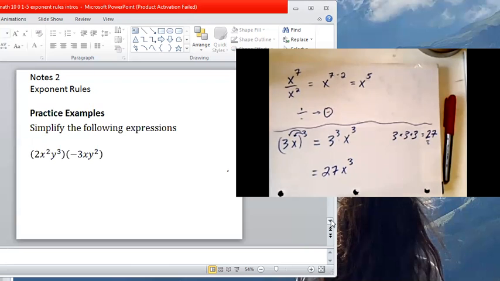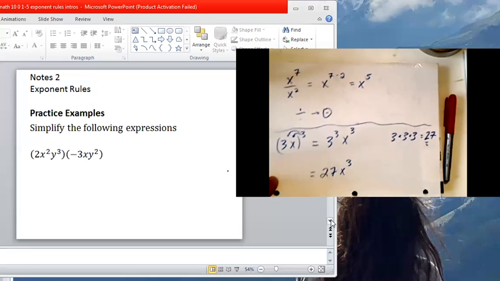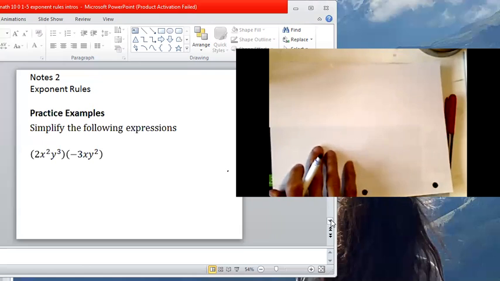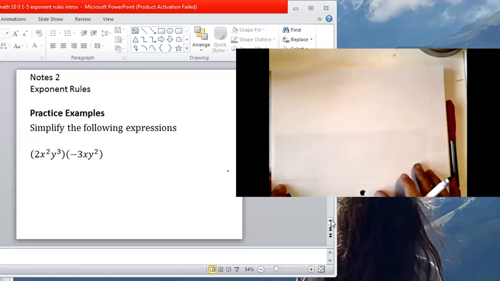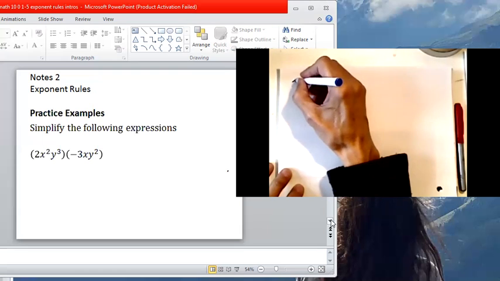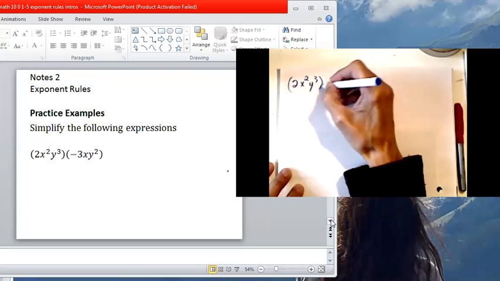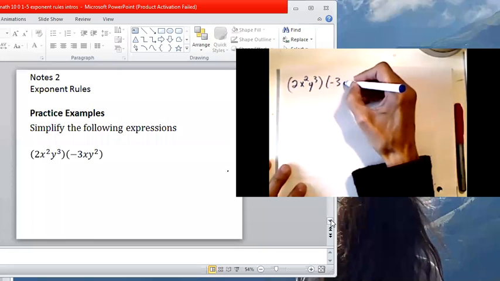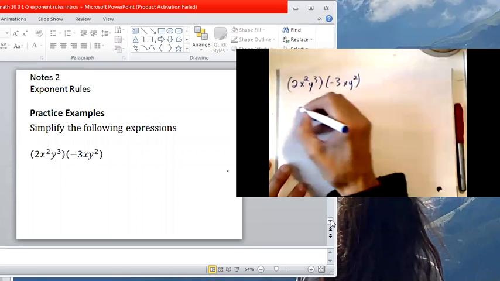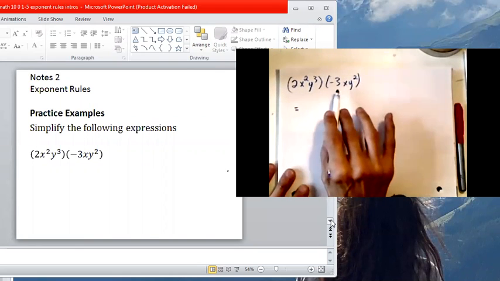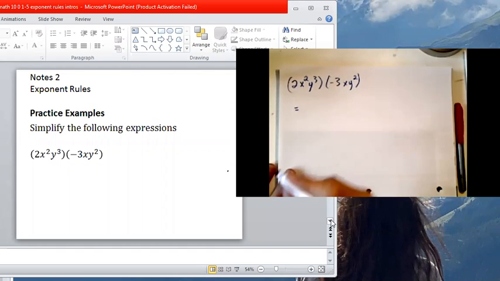Ooh, look at the next one. Okay, so for the next one, what we'll do is you work on the numbers first. -6. -6, Shota says, and I agree, perfect.